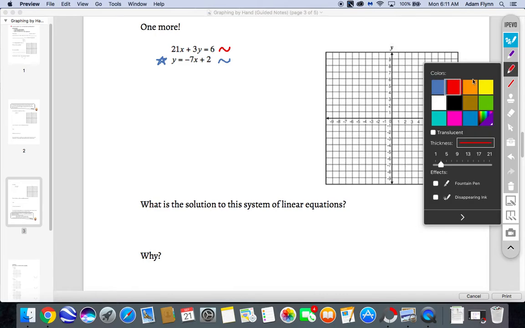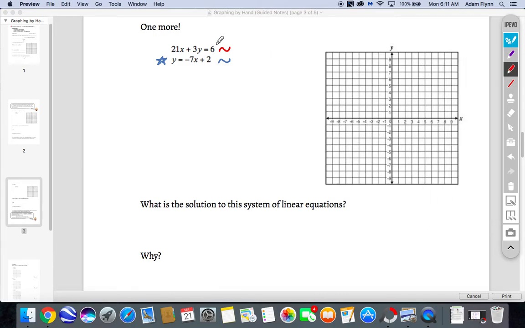But I will need to take care of this top equation because it's in standard form. And how do I know that? The x and the y are on the same side. So I will rewrite it. My first step is going to be to move this x over to the other side because I'm trying to isolate the y.